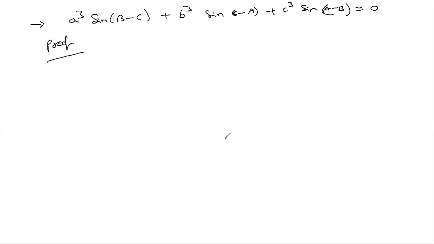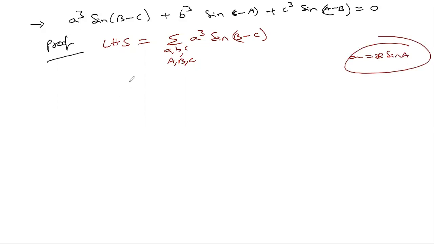Now, left hand side I am considering. It is clearly sigma a cube sine(B minus C). Sigma is applied for small a, b, c and angles A, B, C, that you need to observe. So we know that a is equal to 2R sine A. Let us apply that.